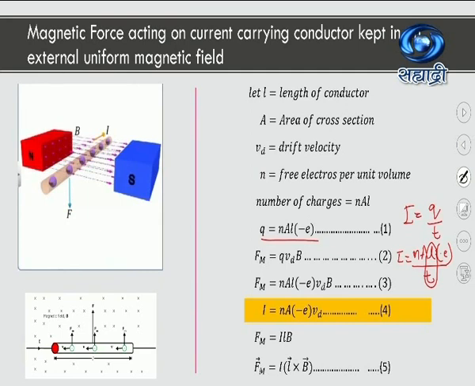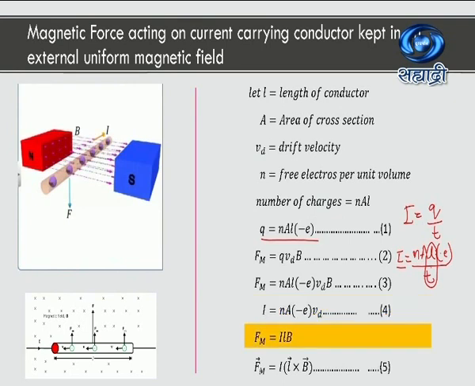So can we say I is nothing but nA(−e), this is the negative charge, into Vd in place of this one. So that is why we have got equation number 4, that is, I is equal to nA(−e)Vd.